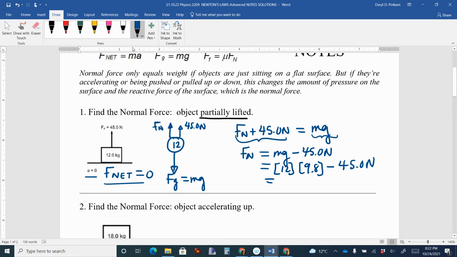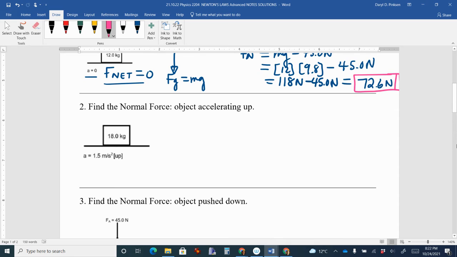If it were just sitting on the surface, we would have 12 times 9.8, and that equals 118 minus 45 newtons, and that comes out to be, to three significant digits, 72.6 newtons. So that's the case where you're taking a little bit of pressure off the surface.